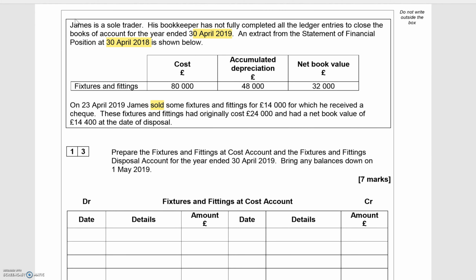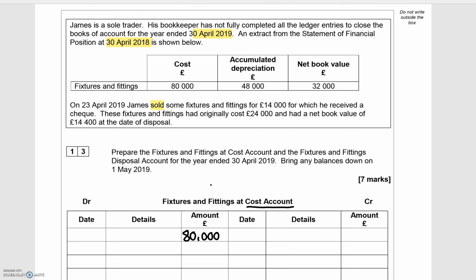So the first thing that you should be doing is looking at the balance that you had over the start of the year and bringing it down to this cost account here. Even in the title of this account it says cost account, so that is really important to remember. This balance brought down of cost of £80,000 is going to go here. Now why is it on the debit side?